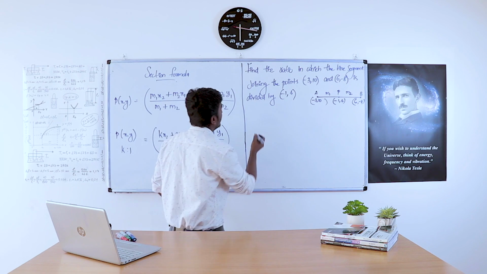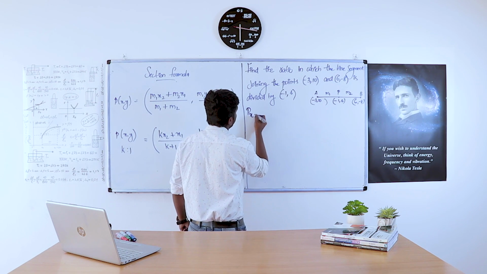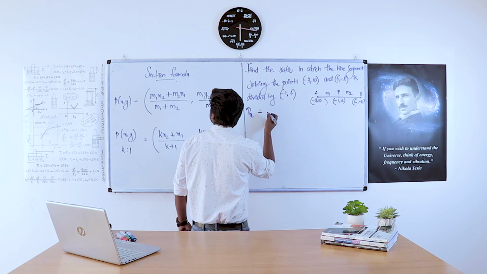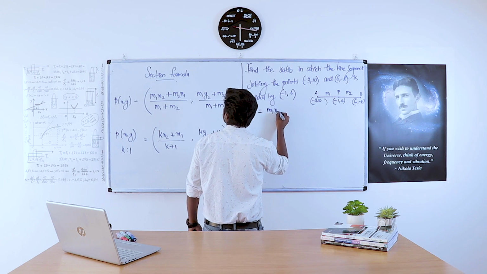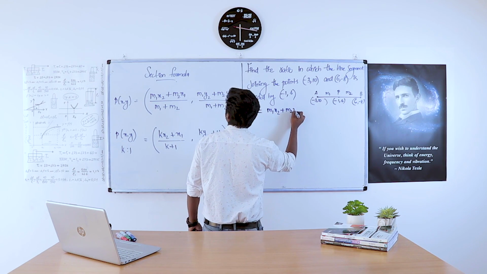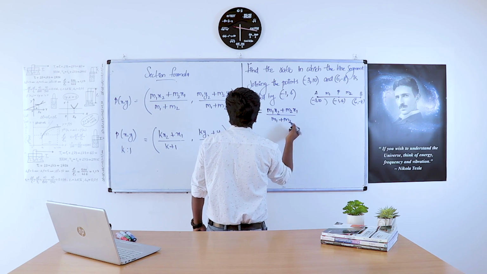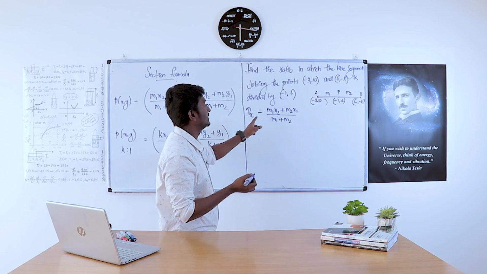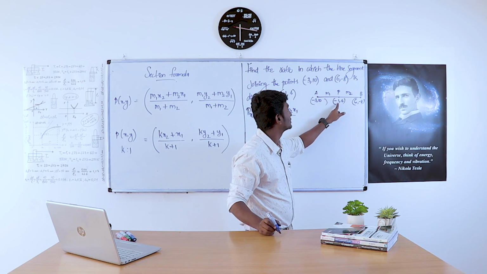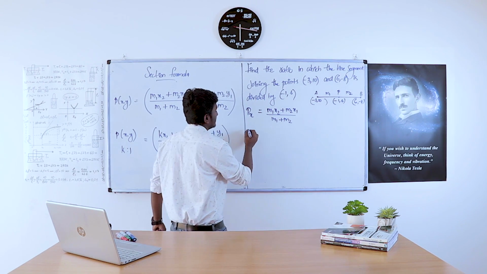You know that the x coordinate of the dividing point, Px, is equal to (m1 x2 + m2 x1) divided by (m1 + m2). Just substitute. The x coordinate of the dividing point is already given as -1.